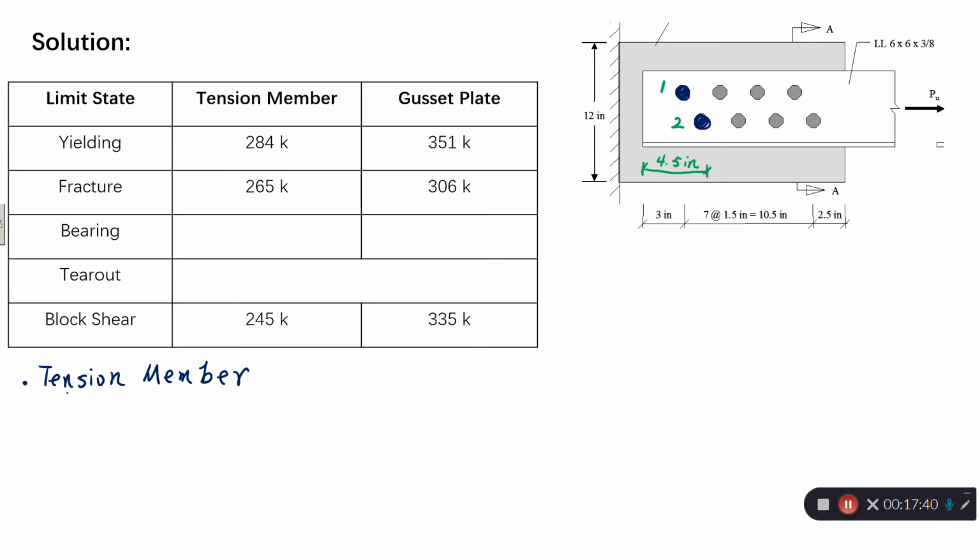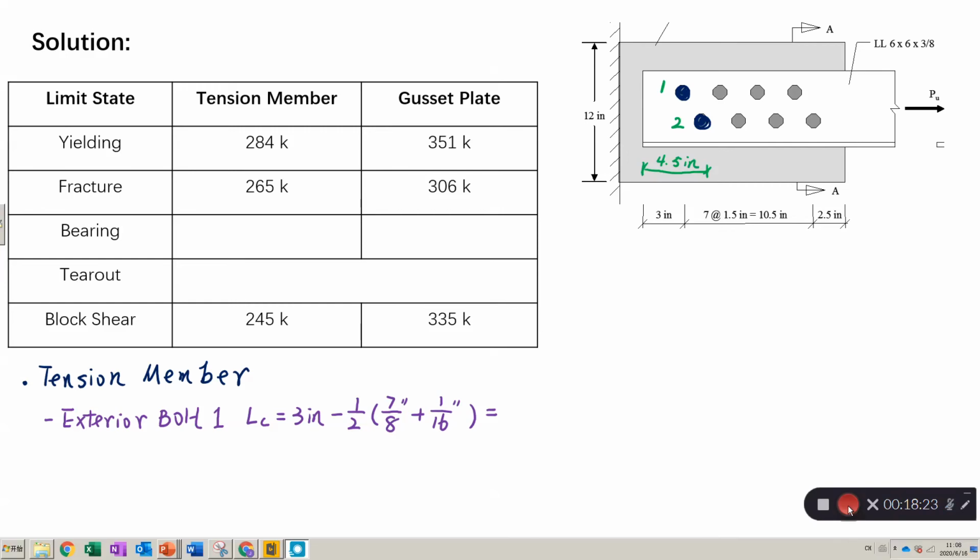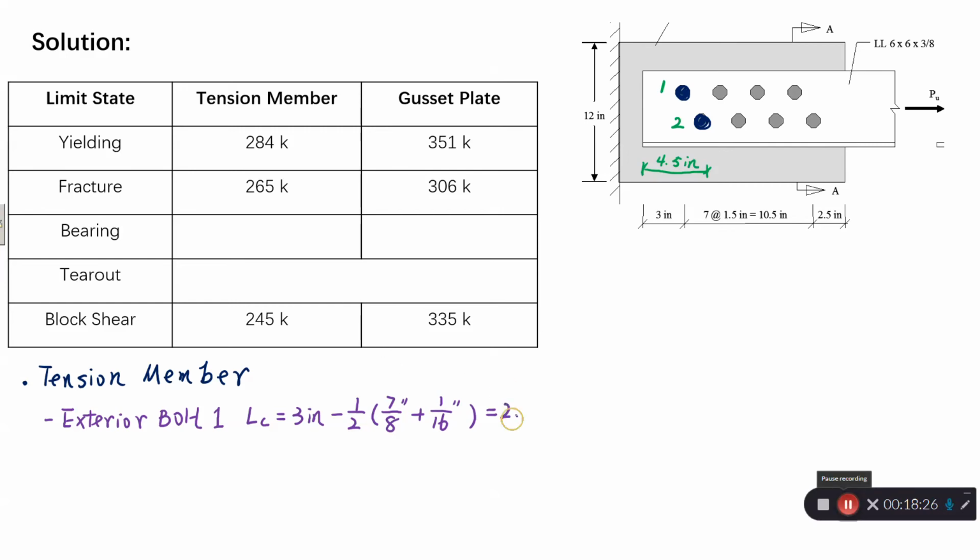Let's say exterior bolt 1. LC is 3 inches minus half of the bolt hole, and I got 2.53 inches.